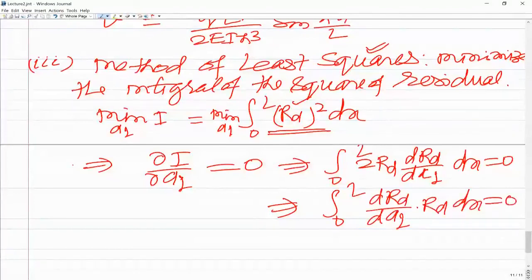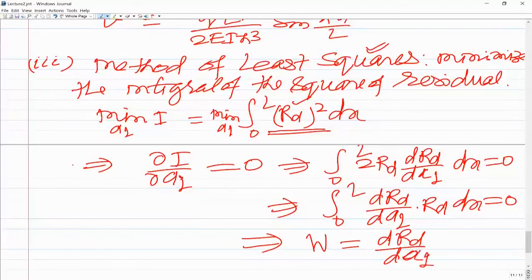Now we want to compare with the weighted residual statement. The weighted residual statement was the integral of W Rd dx equal to 0. So in this case we can say that W is nothing but dRd by da1.